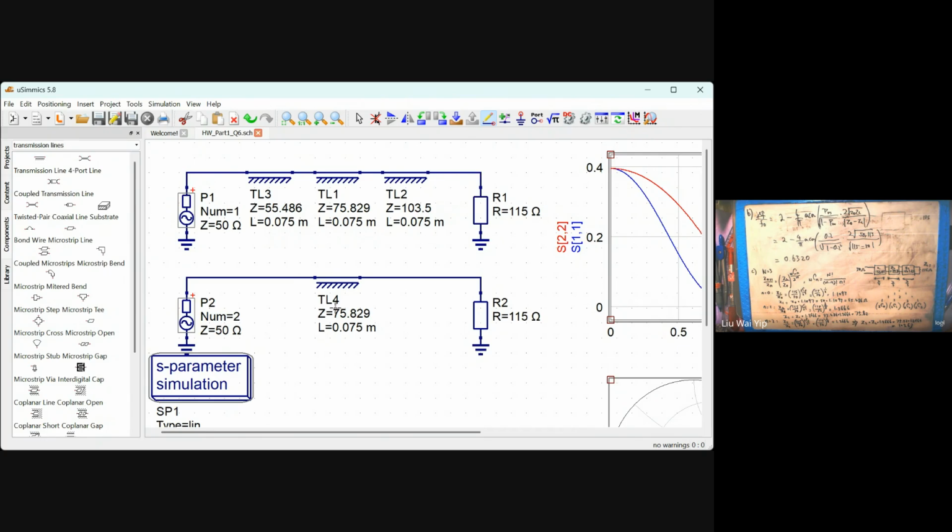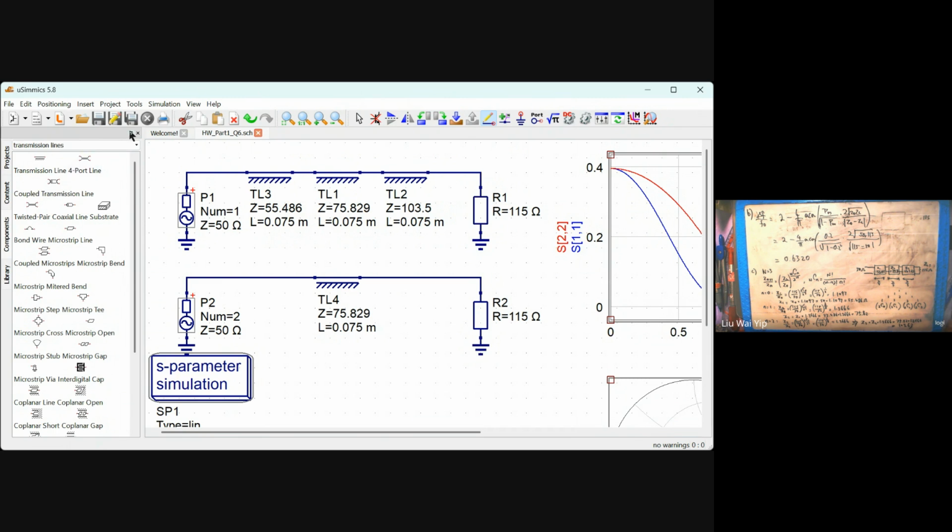And in part C, we were required to make a multi-section quarter wave transformer to match the load impedance, which is 115 ohm, to the source impedance 50 ohm.